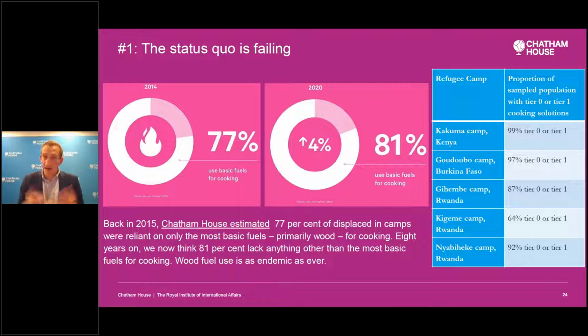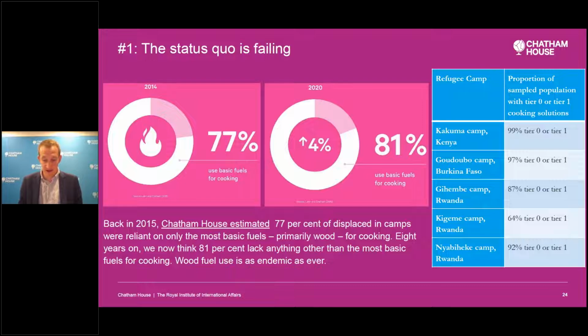The overall trajectory of access to clean cooking is getting worse. I've talked about this many times, so I don't want to bore people who are very familiar, but although we're seeing more interventions, we're also seeing huge numbers of displaced people, and the numbers increasing, and we're not keeping pace with that displacement, so the overall access levels are getting worse.